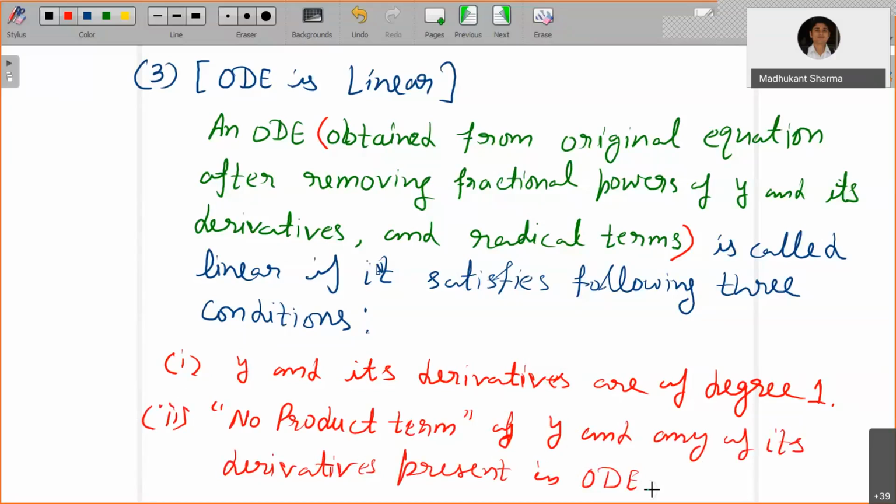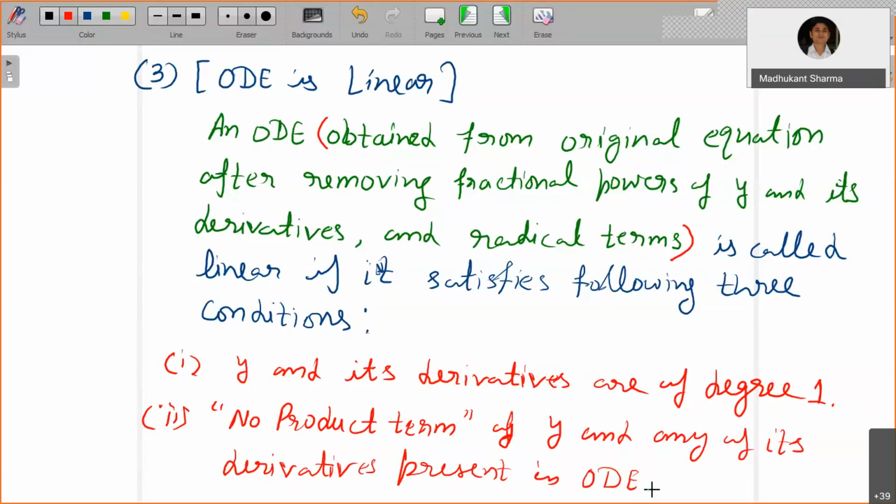What it says is that you should not have y into y dash, or y into y double dash, or y into the third derivative. It means any two or any three from that set. It may be possible to have y dash into y double dash, even if y is not there, so you should not say that is fine. You have to be careful.